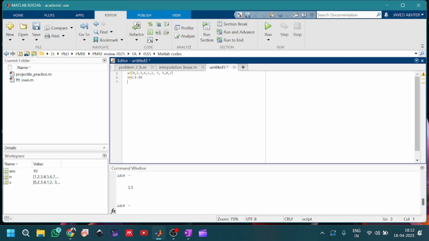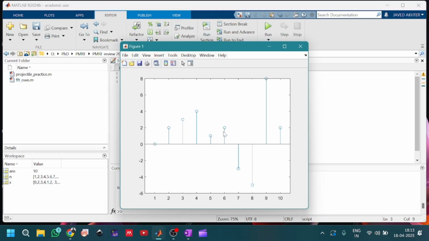So suppose you have this data set. Let me plot it, and there is a function called stem. Let me check if it is in complex. Yeah. So what it is showing?